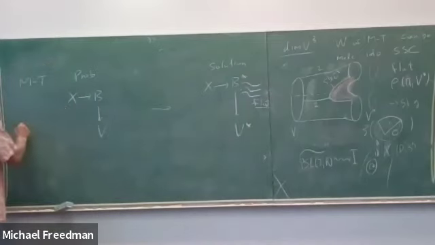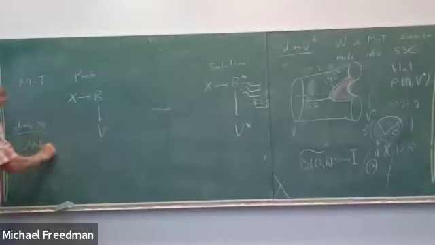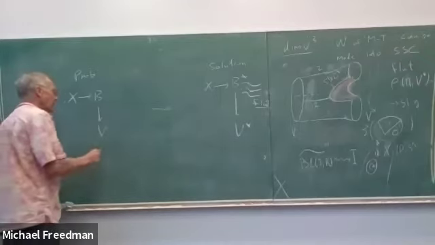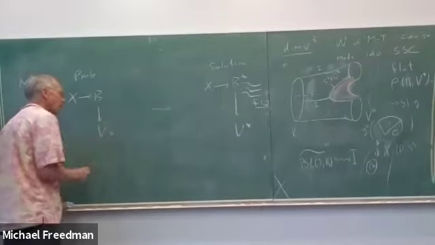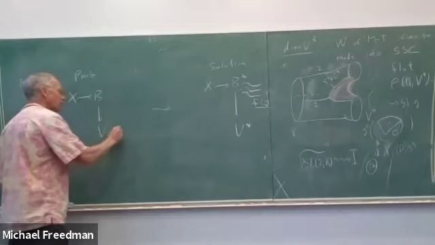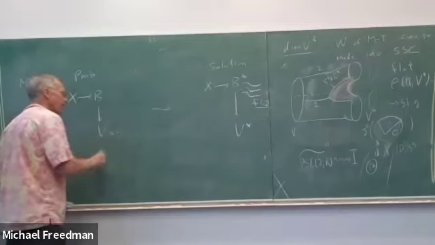Now, if dimension V is greater than 3, we'll stabilize, which means that we take V and we cross it with some product of spheres. We can take circles, for example.